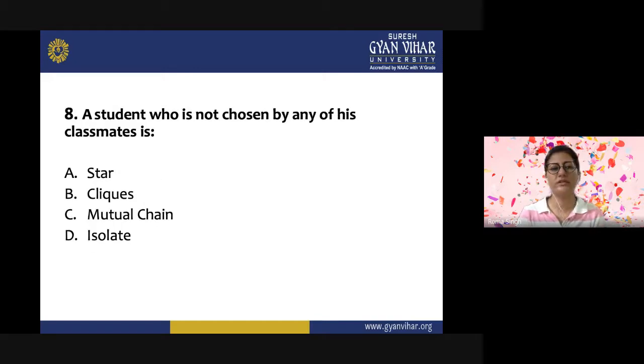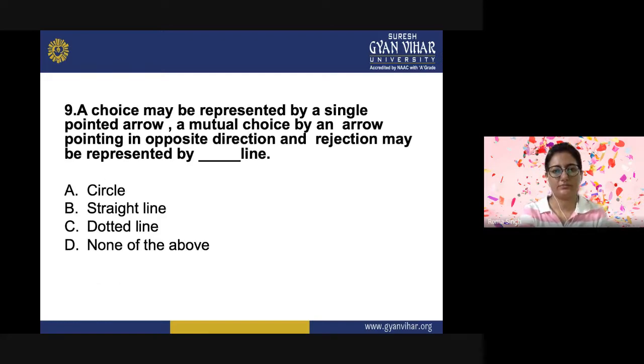The next question is, a student who is not chosen by any of his classmates is, options are star, clicks, mutual chain, or isolate. And the correct answer is isolate. The person who is not chosen, not considered popular among the class, and no one or few people have made choices regarding him or her, is termed as the isolate.